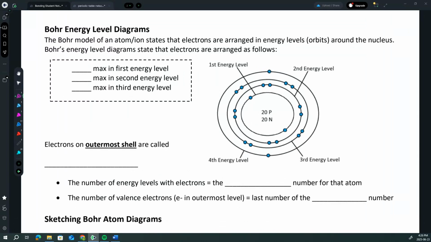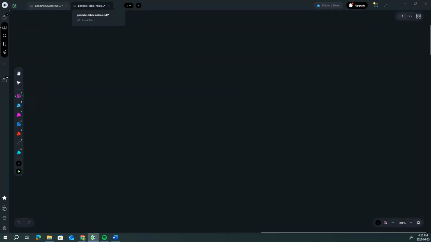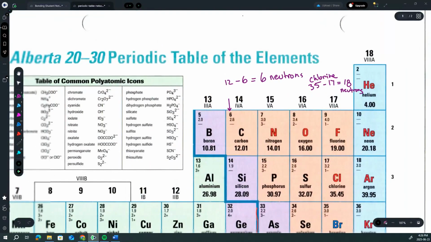This model of an atom shows that electrons are arranged in energy levels, also called orbits, around the nucleus. So what this means is that there can only be a certain number of electrons in each energy level. And how many electrons are used to fill each energy level corresponds to how our periodic table is arranged.